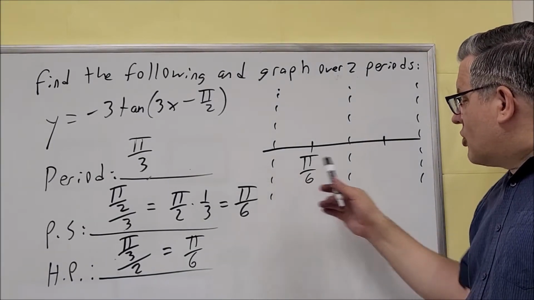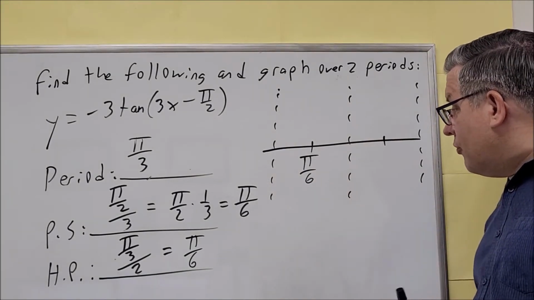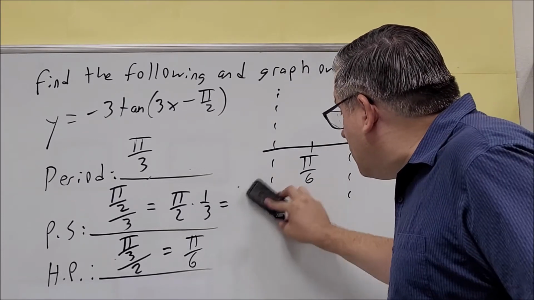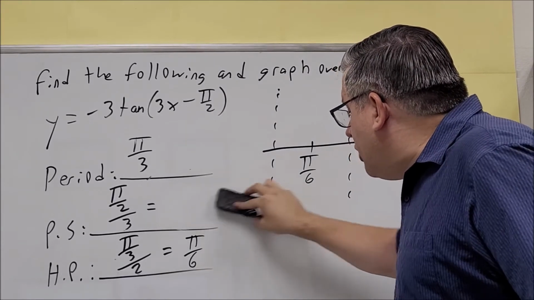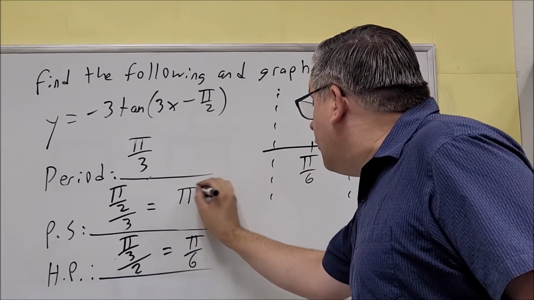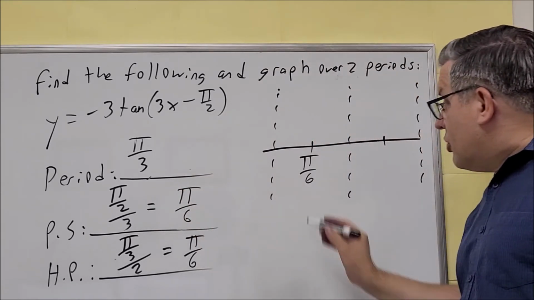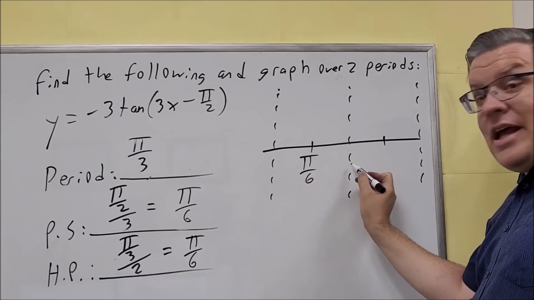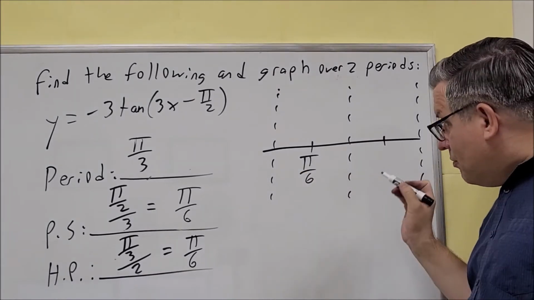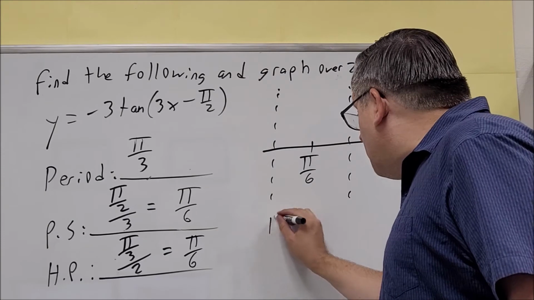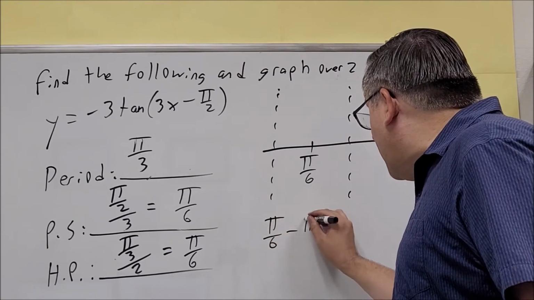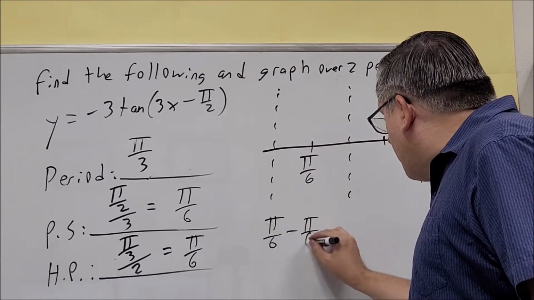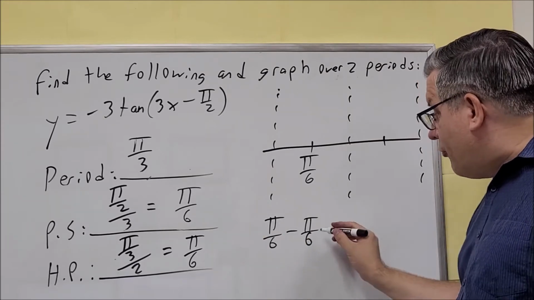In order to find this one and this one, what we need to do first, and I'm going to go ahead and just make a little bit more room here. This is going to be pi over 6. So we need to take pi over 6 minus the half point, and then we're going to add the half point over here. So we're going to take pi over 6, and we're going to subtract the half point from it.